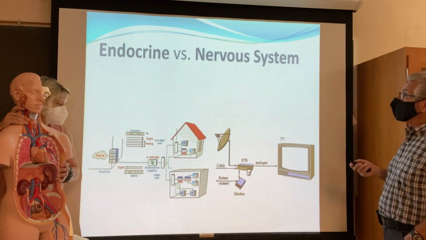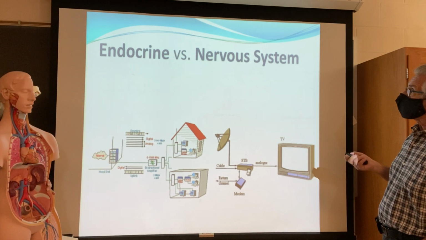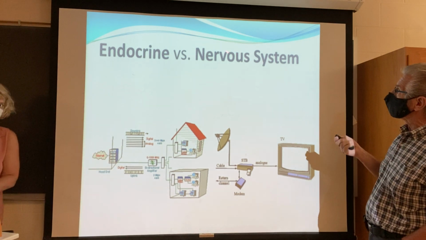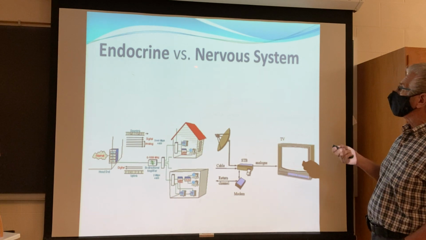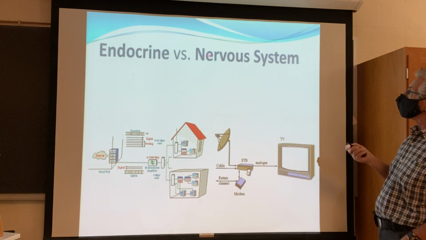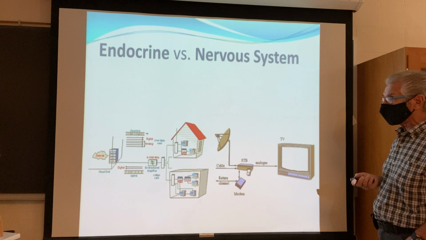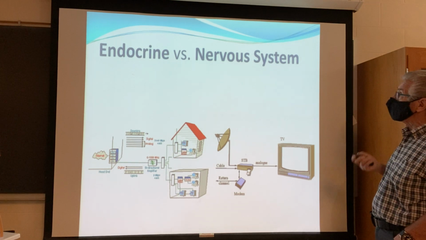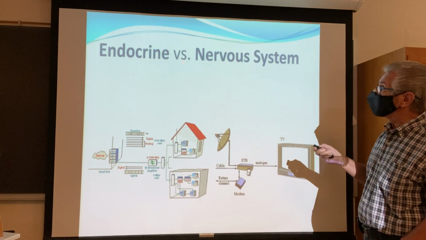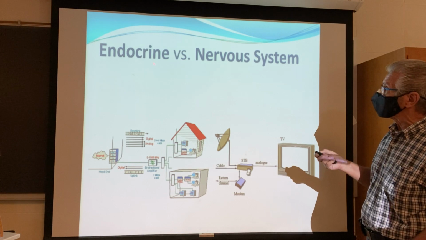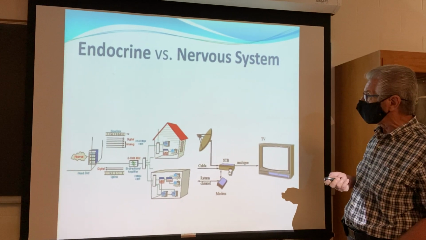So let's take a look at how this relates to the nervous system. We always talk about the nervous system as the major controlling system, which, yes, it is. The endocrine system is the second major controlling system.